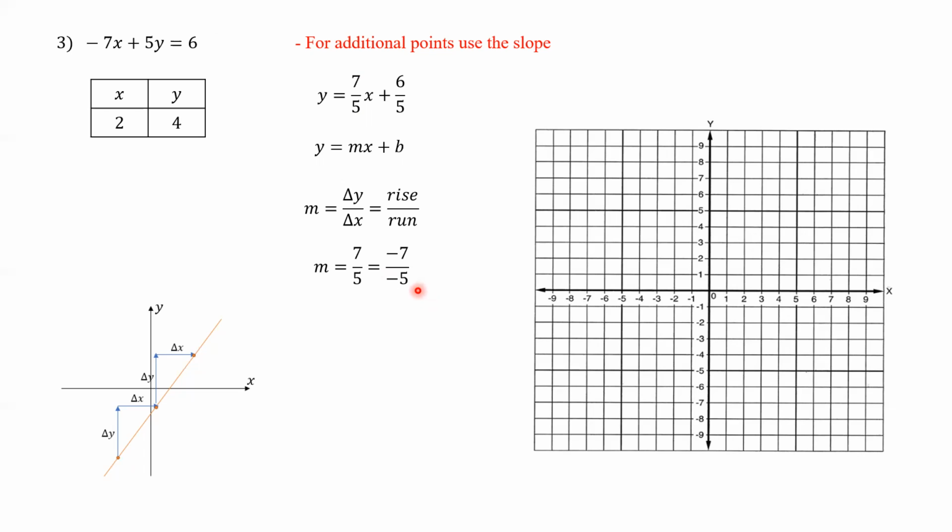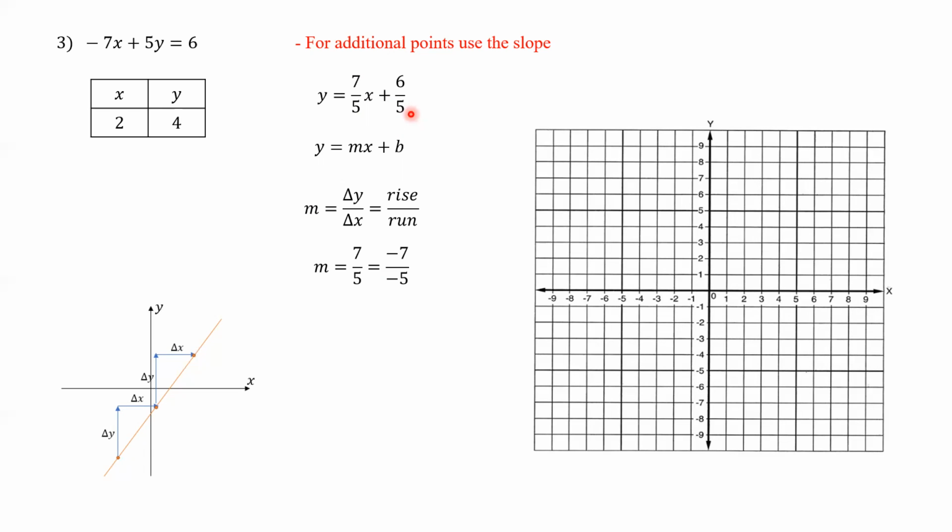Now, as I said before, for a starting point, I could use any point. I could use my y-intercept. However, my y-intercept has fraction coordinates. And if I plot a point whose coordinates are fractions, there's going to be an error.